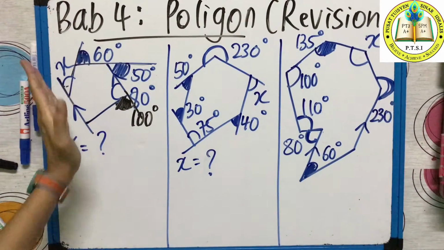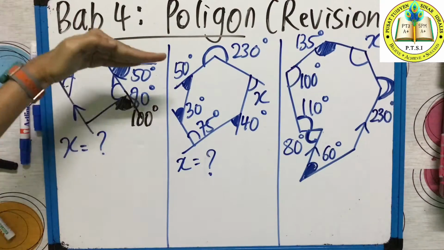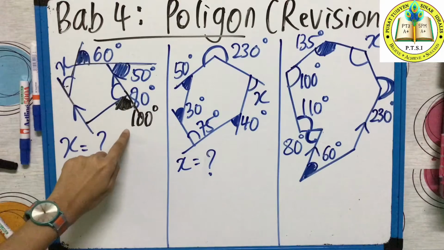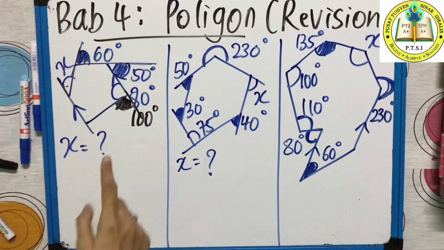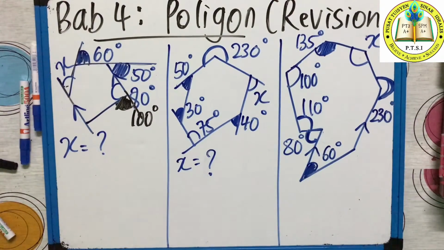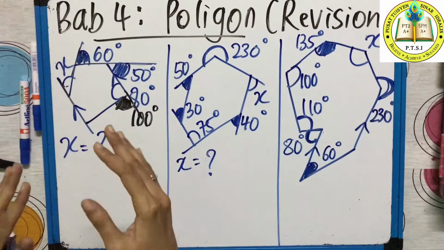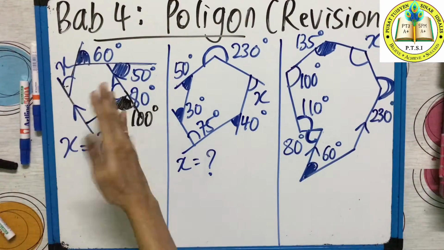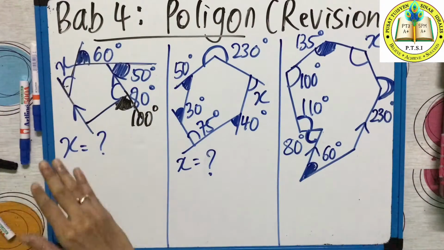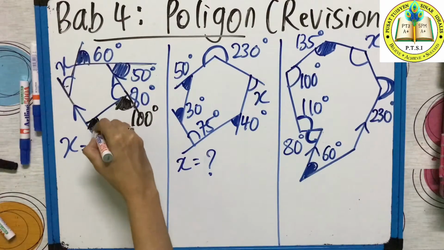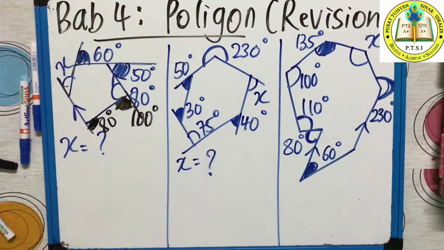So yang ni x, 60 darjah, 50 darjah, 80 darjah dalam, kamu bawa keluar 100 darjah. If this is 100 degrees, remember teacher told you, if got parallel line, ada dua anak panah, got 2 arrows, 2 parallel, what I said, side by side you plus 180. Kalau yang ini 100, yang ini adalah 80 darjah.